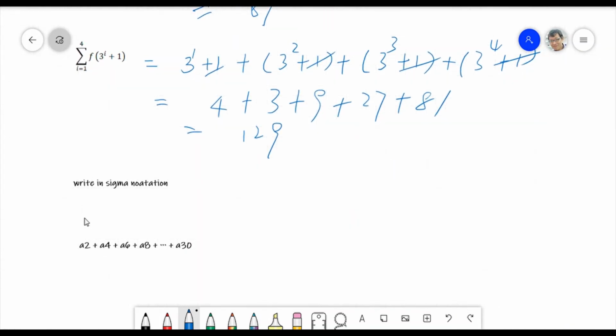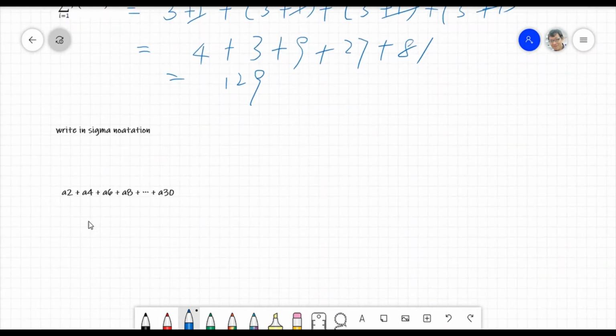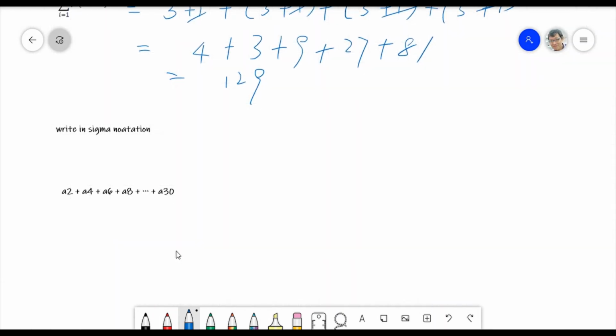Here's an example asking you to write in sigma notation. We already know what sigma notation looks like. So for this one, how do we write it? Let's first analyze. It starts from a2, and then it does not go to a3, it goes directly to a4, and then jumps again to a6, right?